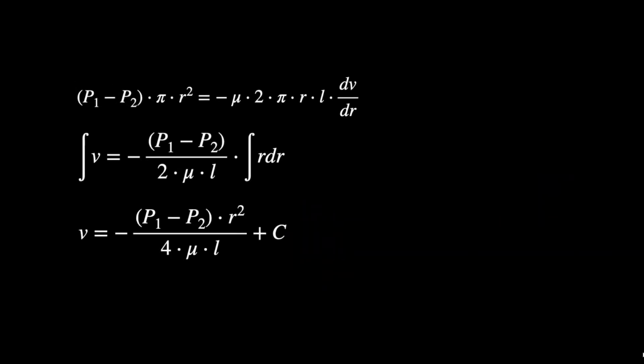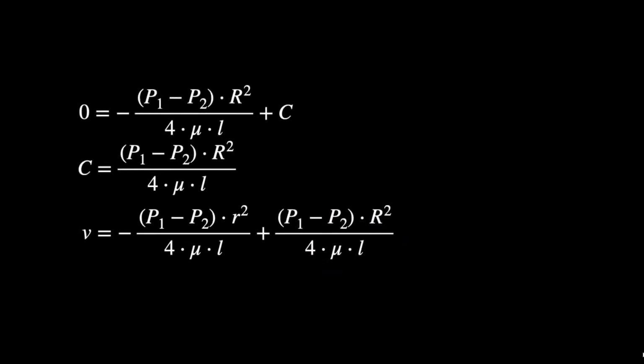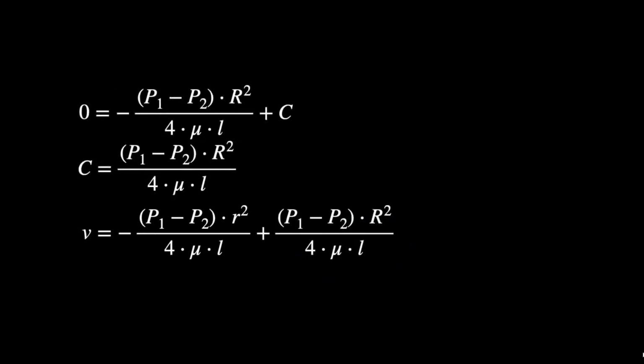So we use v equal to zero and capital R. Capital R is the actual radius of the cylinder, and small r is the changing radius. The first expression is the capital R squared upon the same whole expression plus c, and that's going to be equal to zero because velocity is zero at that radius.